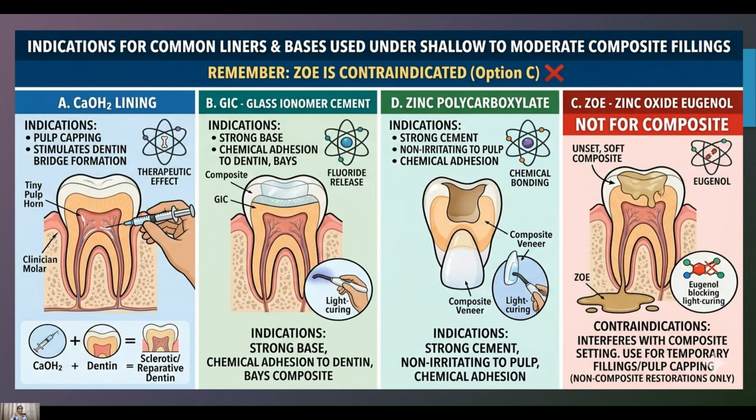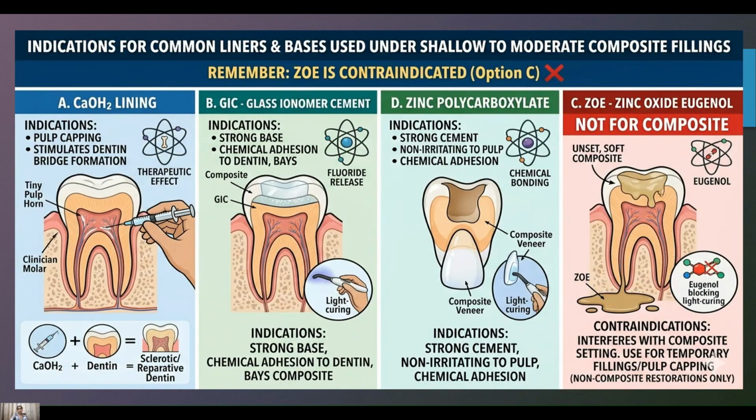It completely interferes with the polymerization and setting process of the resin, leaving you with a soft, uncured, sticky mess at the bottom of your cavity prep. On the flip side, materials like calcium hydroxide, GIC, and zinc polycarboxylate are excellent underlays because they protect the pulp without ruining your composite's chemical bond. So keep eugenol far away from your composite cases.